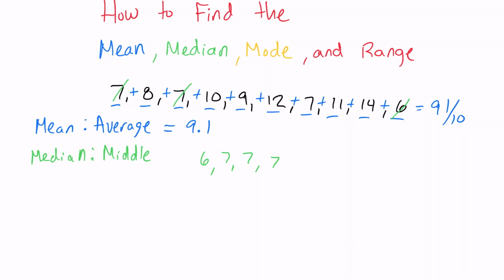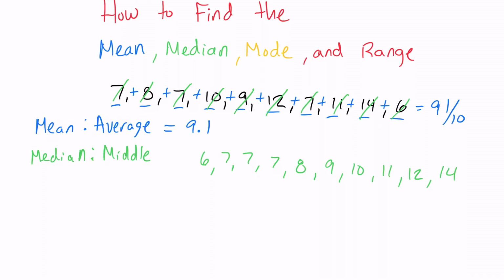Okay, so I'm just going through and putting my terms in order from least to greatest. My next one will be 8, I have a 9, I have a 10, 11. My next number is going to be 12, and then my last term will be 14 here, and I should have a total of 10 numbers.